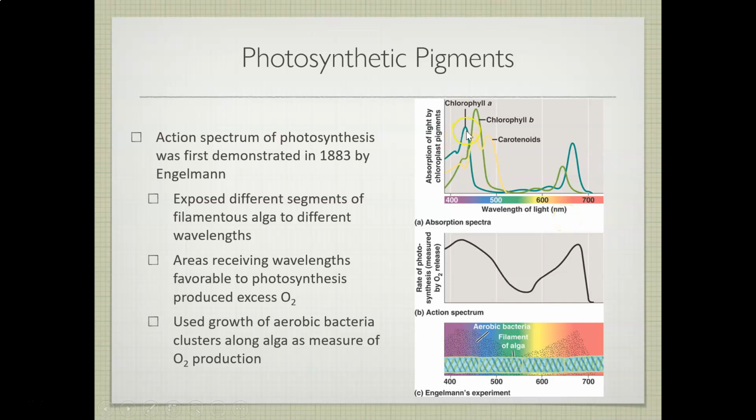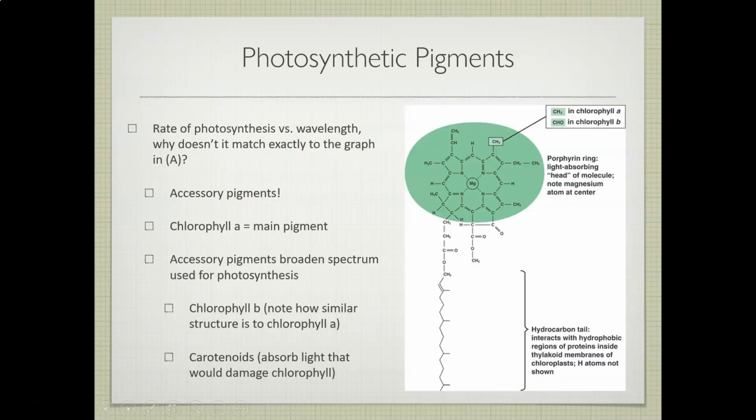So if I look at chlorophyll A, it is very much just purple and into the red. Chlorophyll B now dips into the blue, but you don't get a whole lot. You get a little bit down into the orange, but not much. All right, so not quite as high. And then the carotenoids are just up here in this purple and blue. There's nothing down here at all. So when we look at the rates of photosynthesis versus those wavelengths, again, they don't match perfectly, and that's because of those accessory pigments.